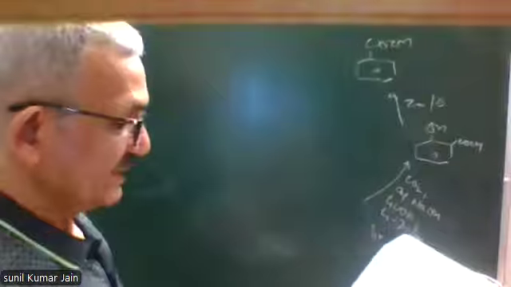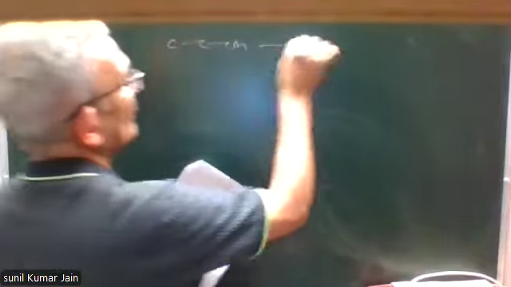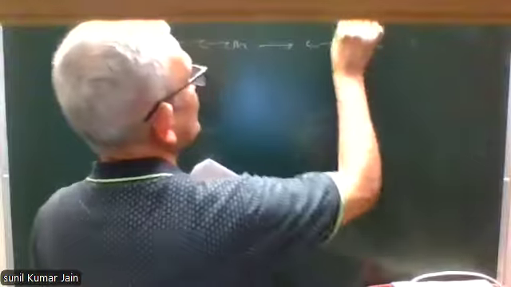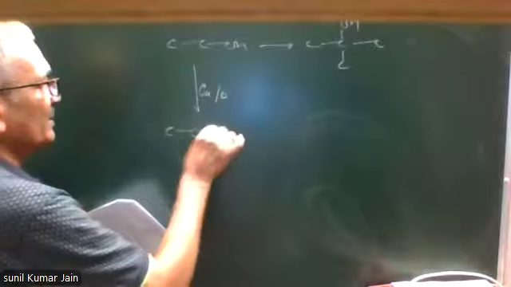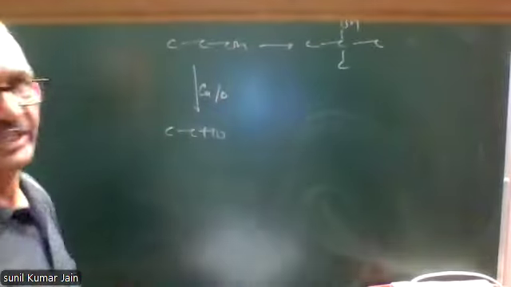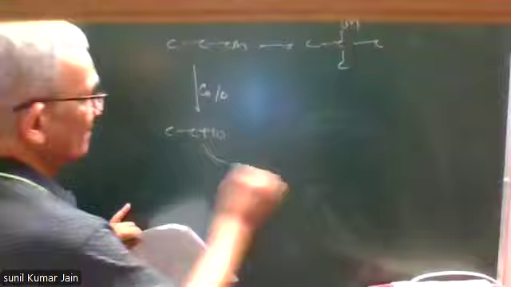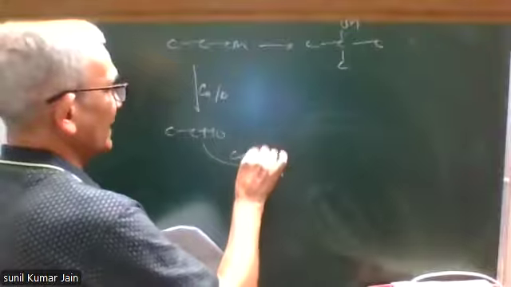Next conversion, ethyl alcohol into tertiary butyl alcohol. Hot copper oxidation will give ethanal. React with methyl Grignard.